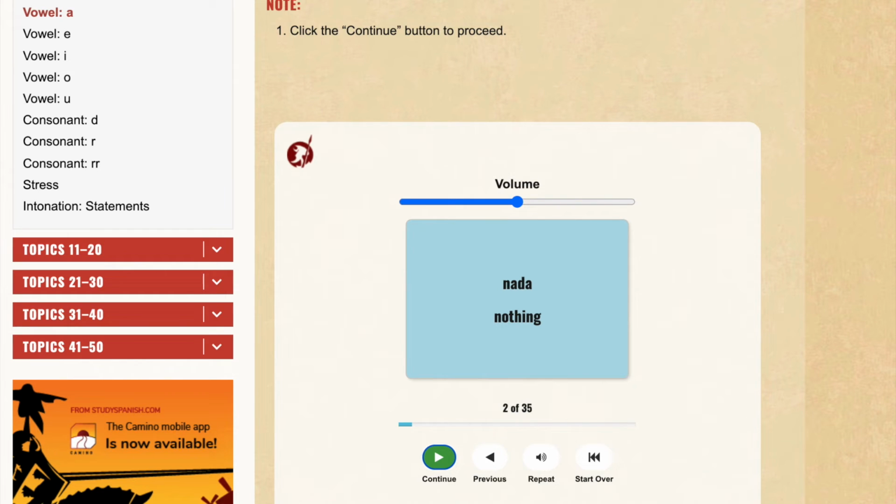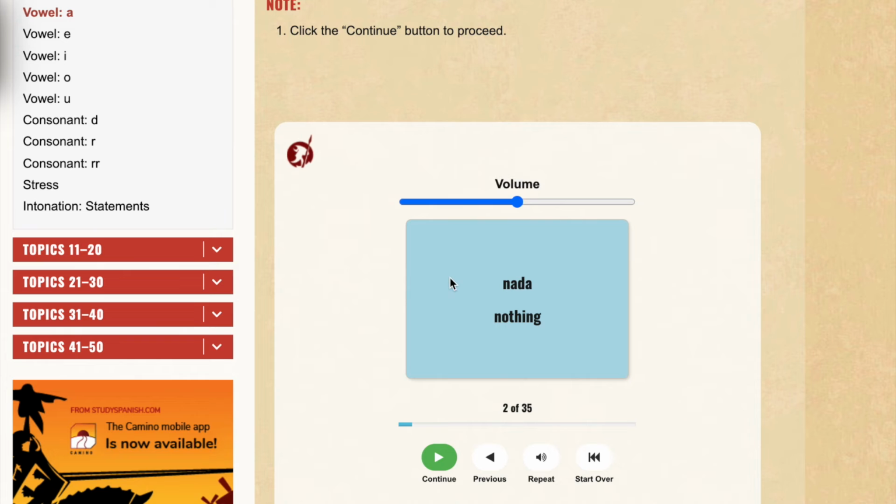So the first one is nada, which means nothing. And so the A is pronounced just as the A in father, right? So nada, which means nothing. Nada, nada.